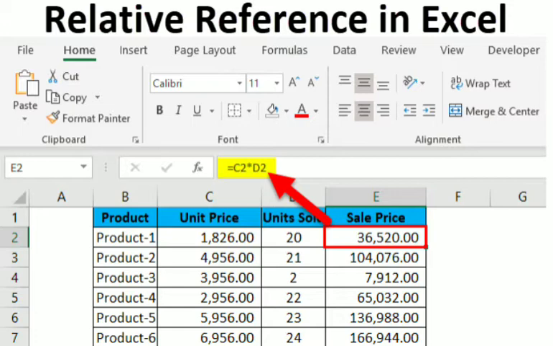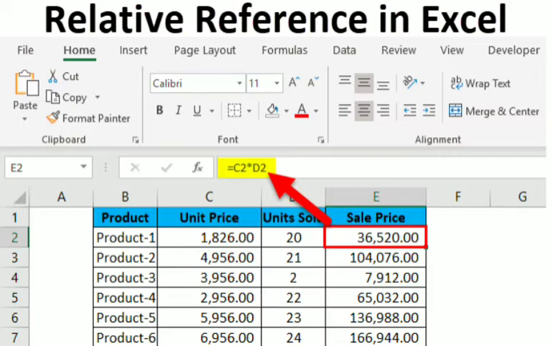Next, how can we find the sale price of product 2? C3 will be multiplied by D3. That will be the formula for the sale price of product 2. Then for product 3, C4 will be multiplied by D4. Similarly for product 4, C5 will be multiplied by D5.